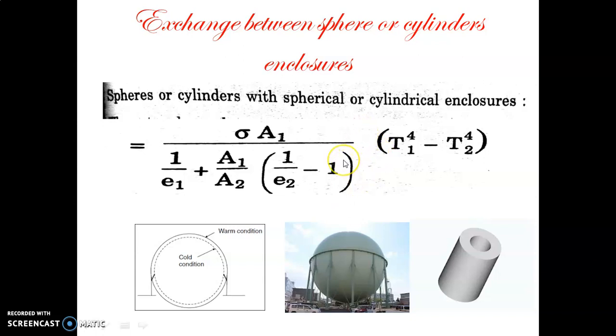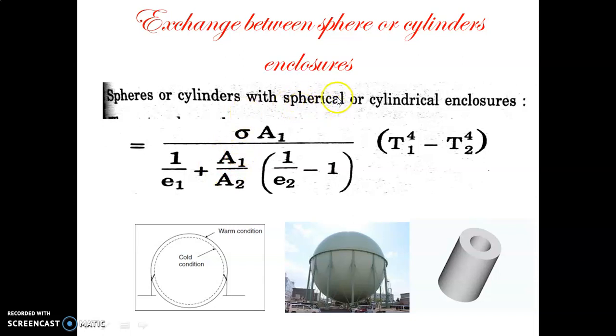And multiply this value by the temperature term, that means T1 to the power 4, the internal temperature of the sphere or cylinder, minus T2 to the power 4, the outer temperature of the cylinder or sphere. So for cylinder or sphere we can use this formula, but we just have to change the values of the areas.